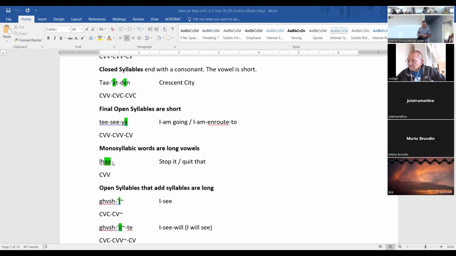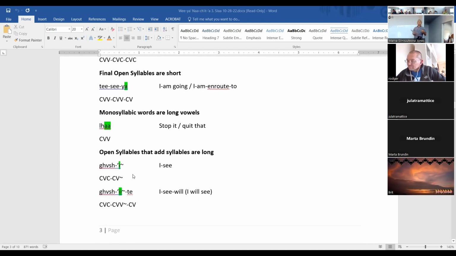Where are we at here? Now, open syllables that add syllables are long. I just told you that a word ending in a vowel is always short, until you add another syllable. So let's look at the example. Here is C with the tilde, meaning nasalization.